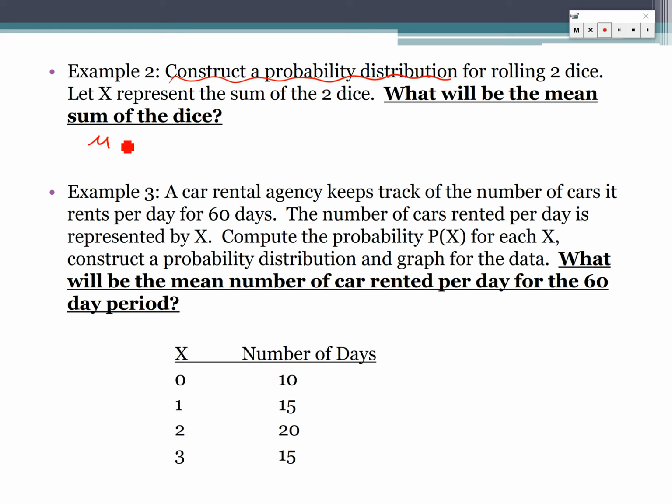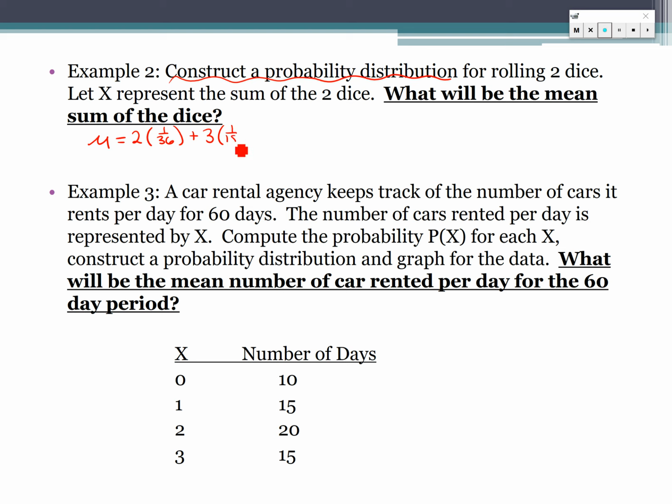So for our mean, if you look at your distribution from yesterday, for example 2, your first possible sum was a 2. The probability that we got a 2 was 1/36. Next possible outcome was a 3. And now it's up to you if you want to use the simplified fractions or not.